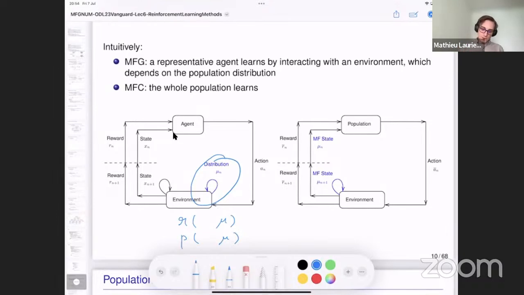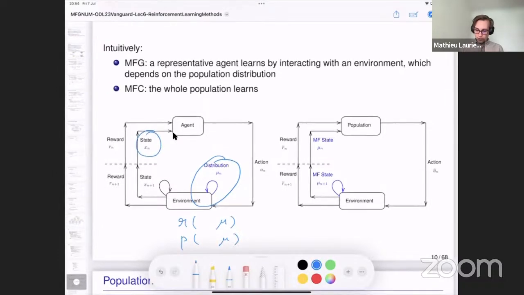So if we use that, then the agent needs only the observation of his own state and not of the full population. On the other hand, if we take the point of view of MFC for a central planner, then the value function is a function of the distribution. And in principle, if you want to compute this Q function, the Q function will be a function of the distribution. And so we are going to assume that you observe this distribution mu.